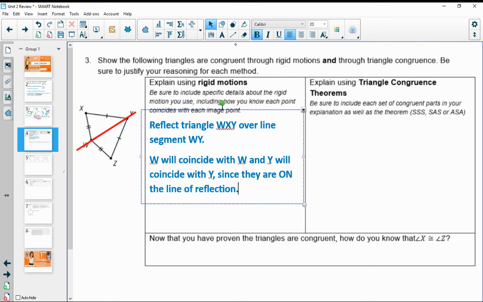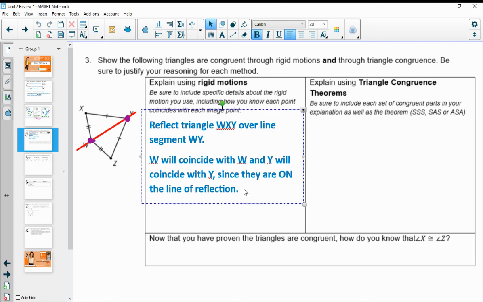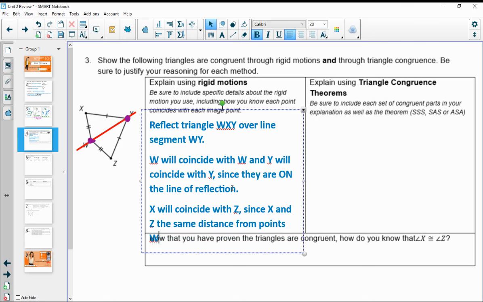So now we've justified that W lands on itself and that Y lands on itself. So now we just have to give a justification as to how we know X will end up coinciding with Z. So X will coincide with Z since X and Z are the same distance from points W and Y.